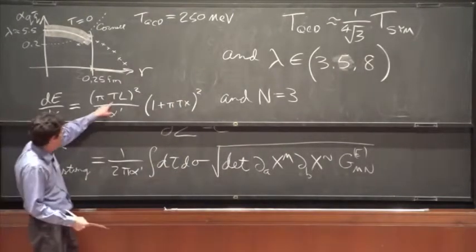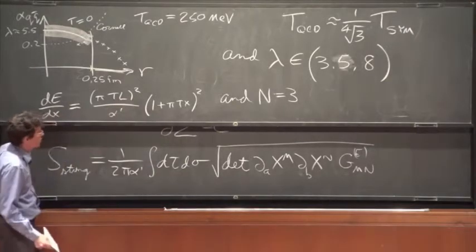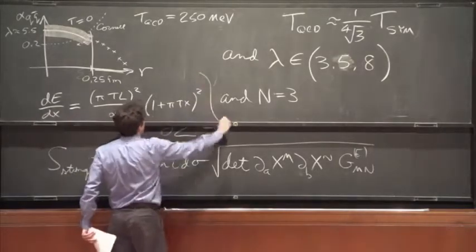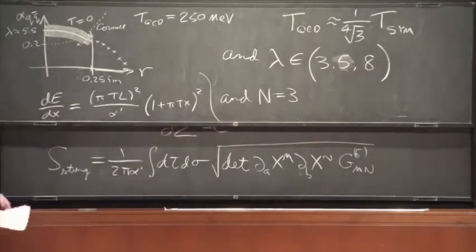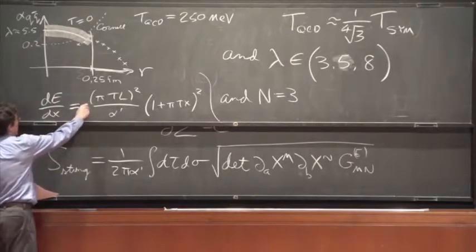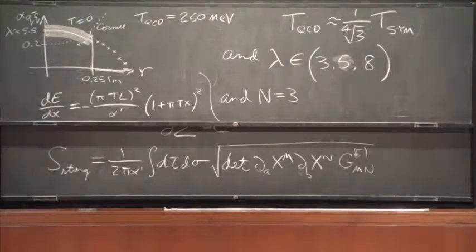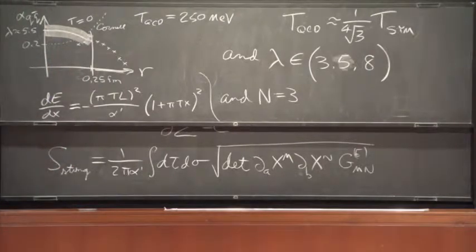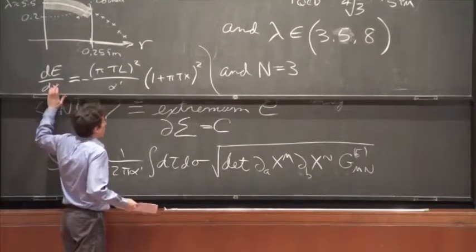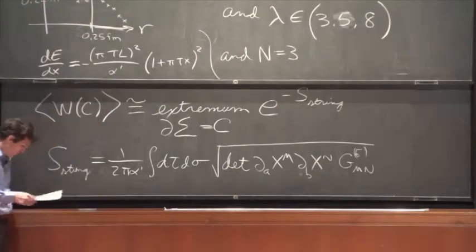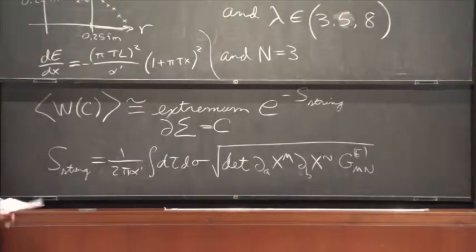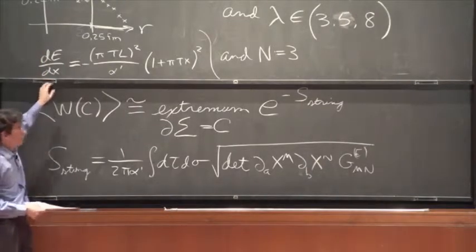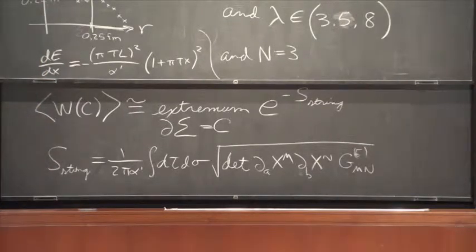Well, there's lots of T's, and there's certainly factors of the 't Hooft coupling in this formula. I've got to have some way of deciding what values to plug into this formula to get the energy loss in GeV per femtometer. What I'm eventually going to do is exactly what I outlined here. Okay, so I think what I want to do next is tell you gradually how I'm going to derive this formula. But since this is another natural stopping place, let me pause for any more questions.